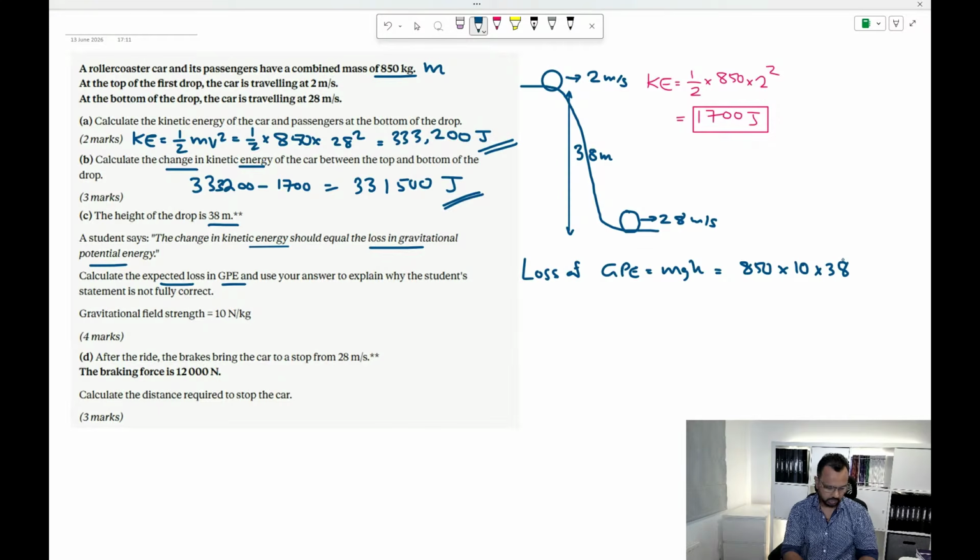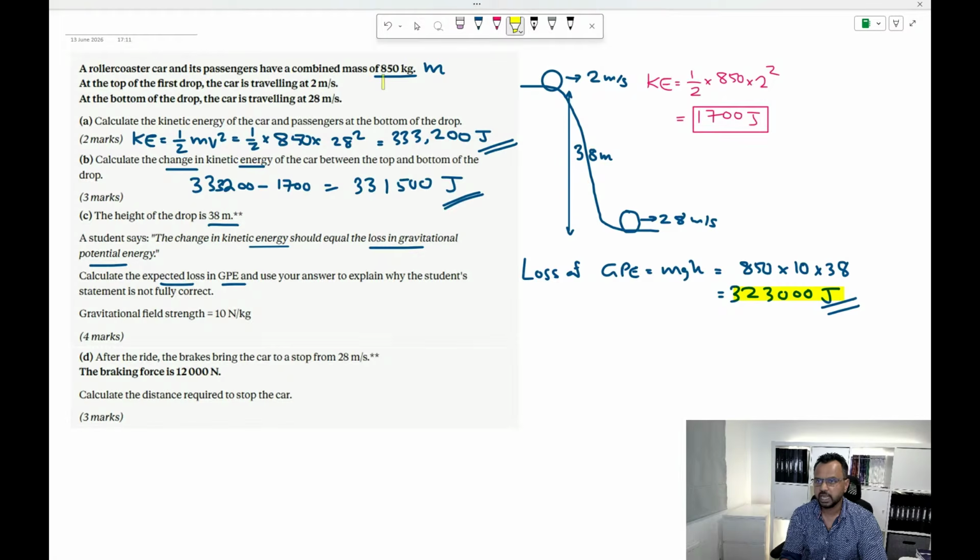Let's do that. 850 times 10 times 38 gives you 323,000 joules.